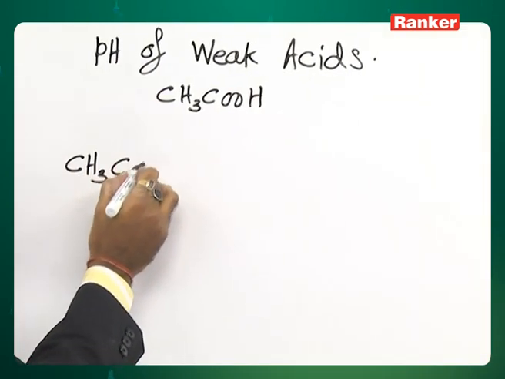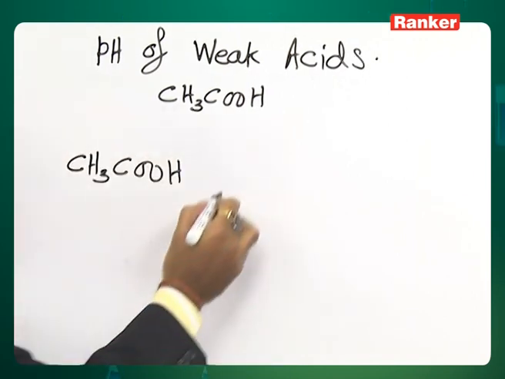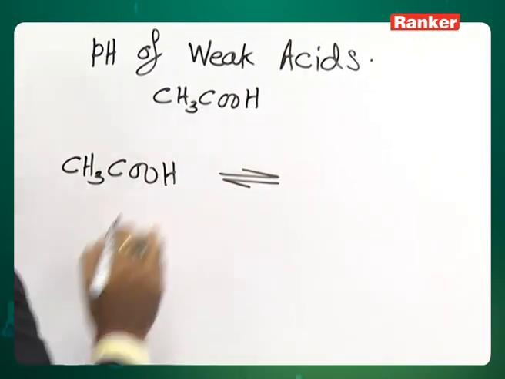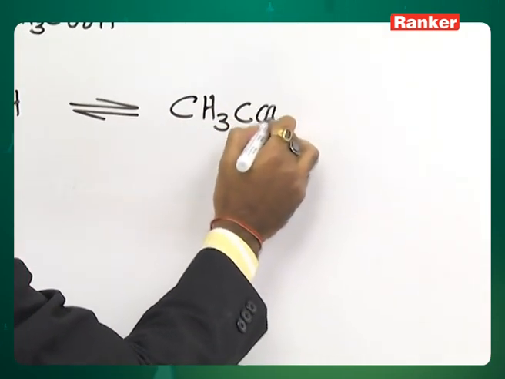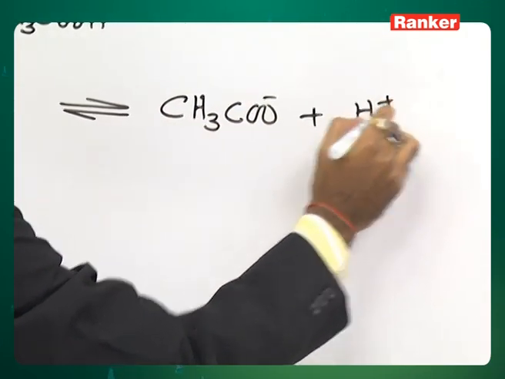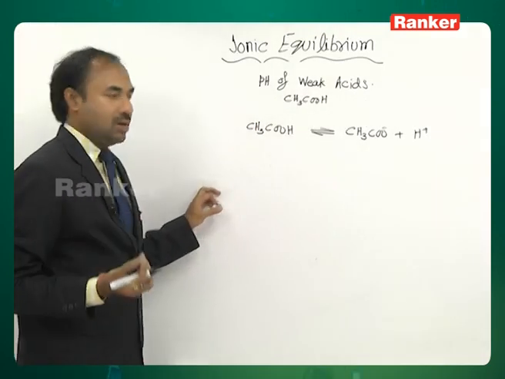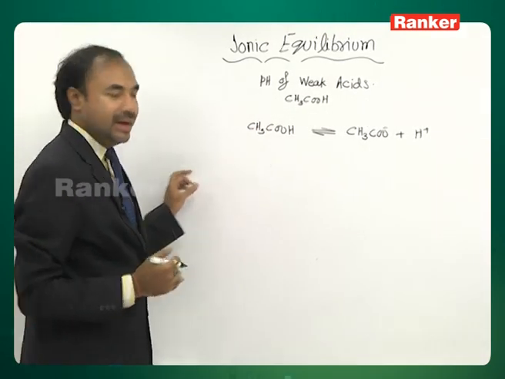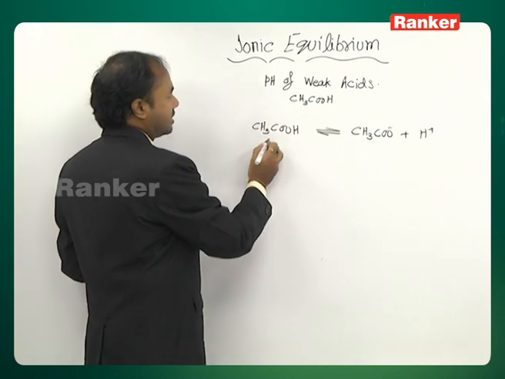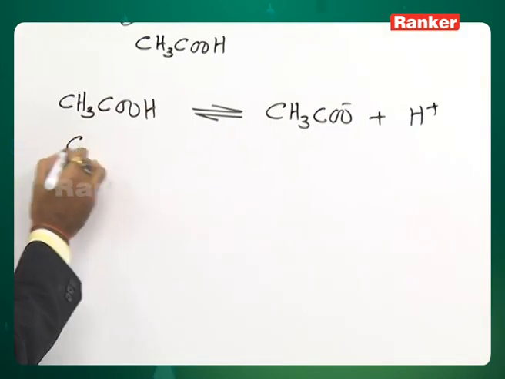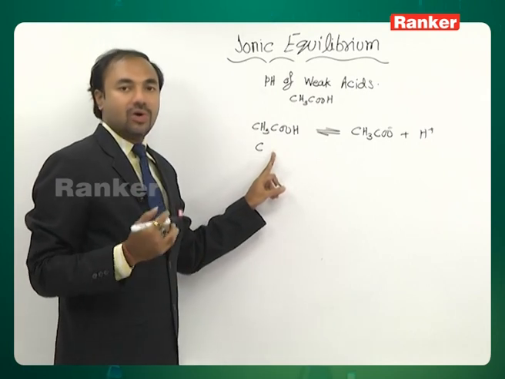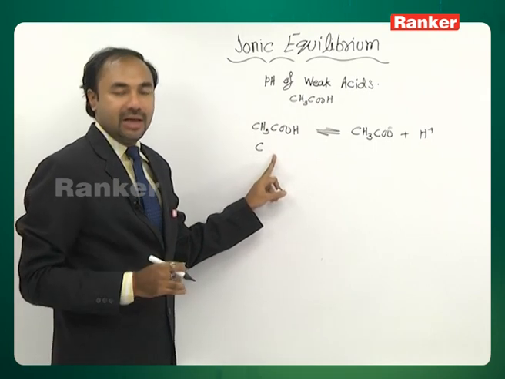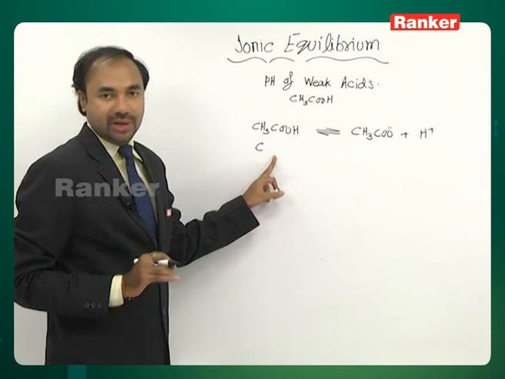Acetic acid we take, it will establish an equilibrium to give acetate ion and H plus ion. We take one moderately weak acid and we say the concentration of acetic acid here is C. We know one term is used to show how much of the acid is dissociating, and that is called degree of dissociation.